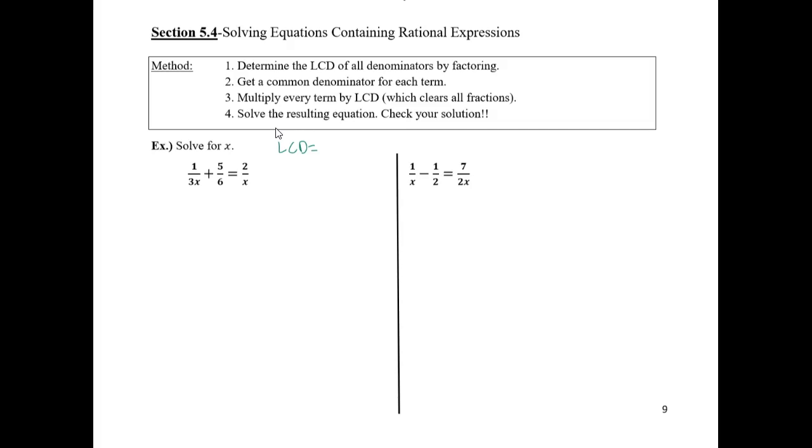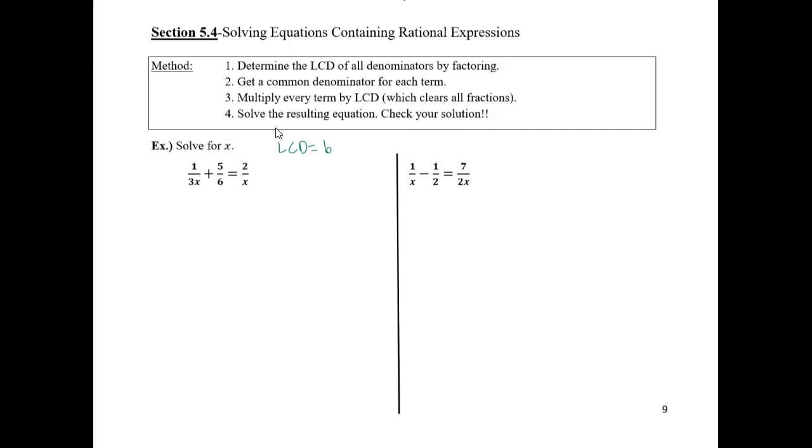Well, 3 goes into 6, and 6 divides into itself, so 6 is the least common multiple, right? Multiples mean 6 times 1, 6 times 2, and so on. So 6 times 1 would give us 6, and 3 times 2 would give us 6. Hence, it's the smallest common multiple of those two numbers.